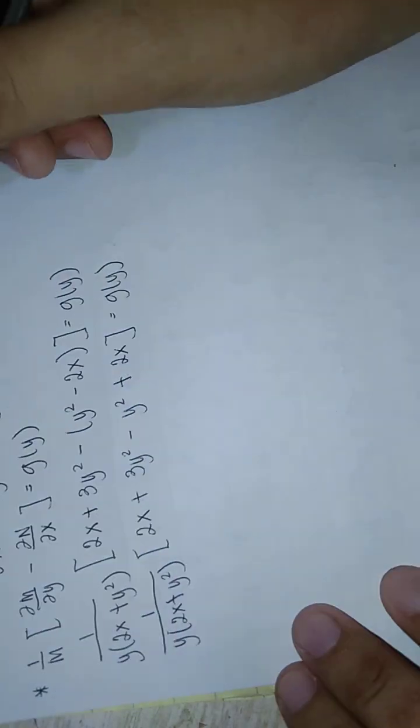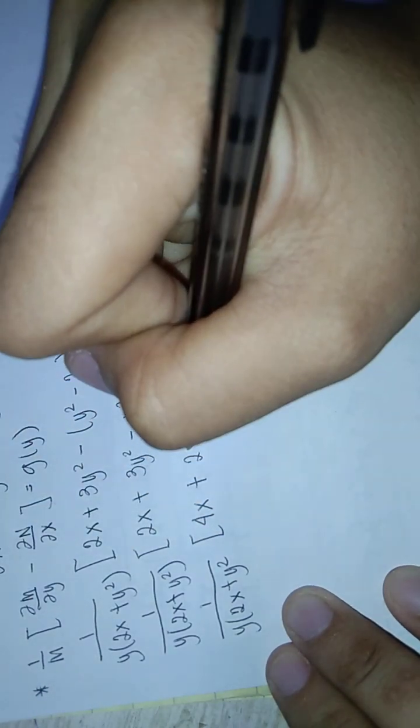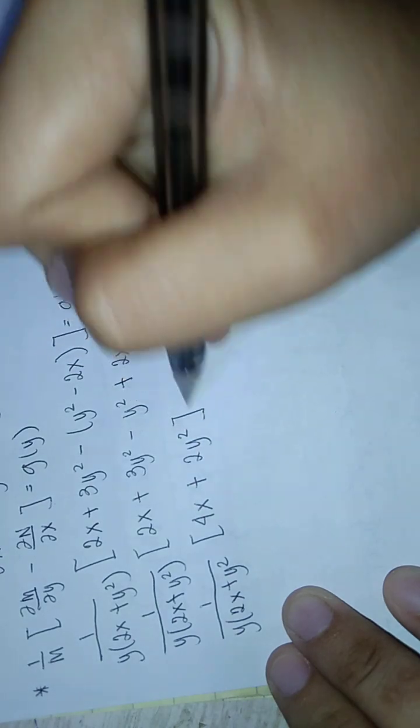Now combine like terms. 2x plus 2x is 4x. 3y squared minus y squared is 2y squared.